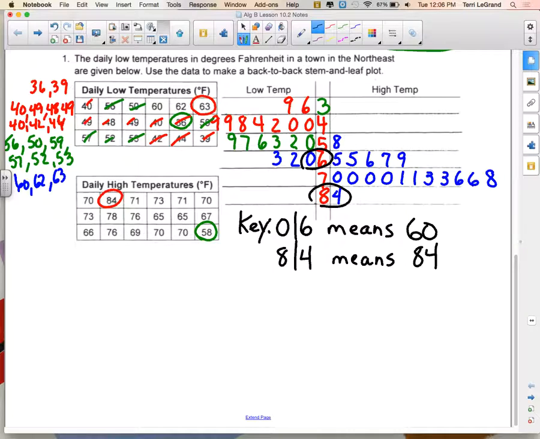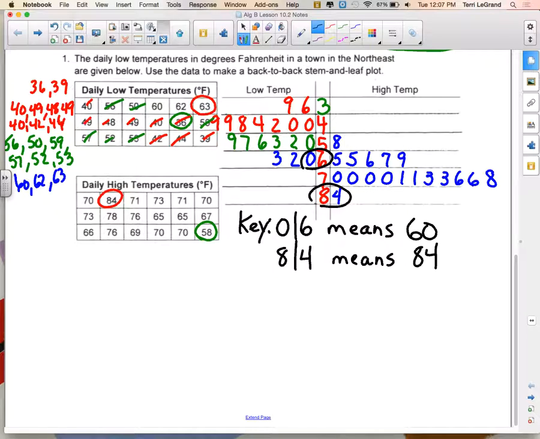What was the variance in the high temperatures? 26. Pretty close, wasn't it? Are we right? 58 plus 6 is 64, 20 more is 84. Are we right about that?